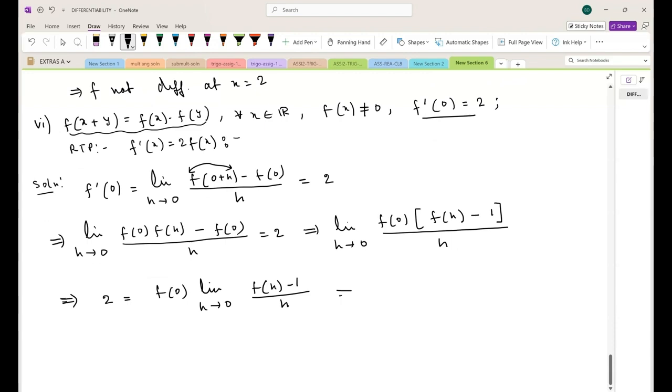So 2 by f0 equal to limit h tends to 0 fh minus 1 by h. So suppose this is number 1, this portion.